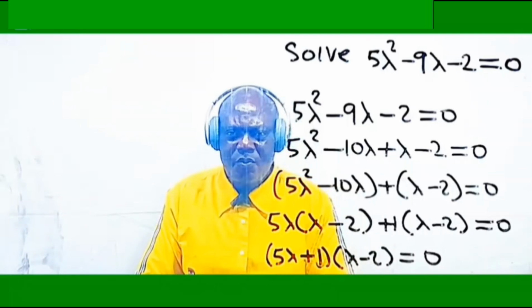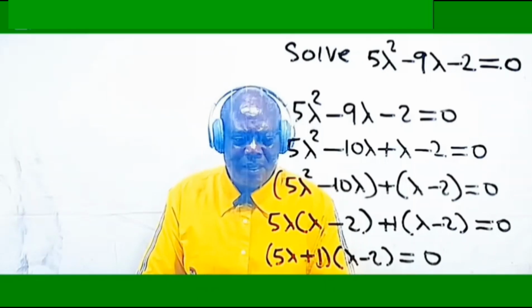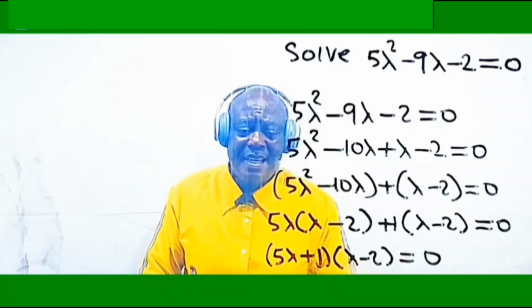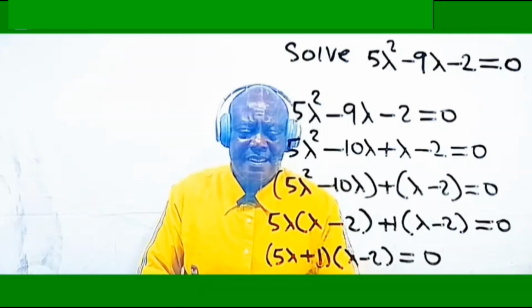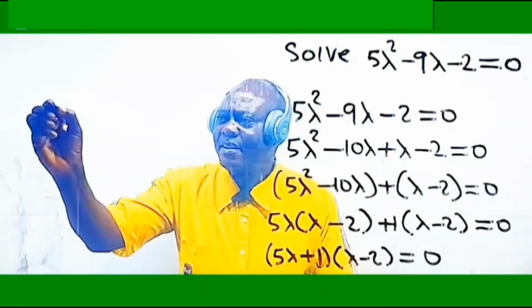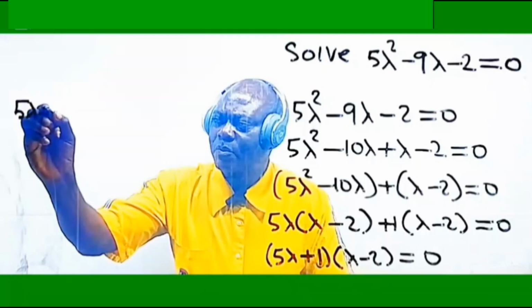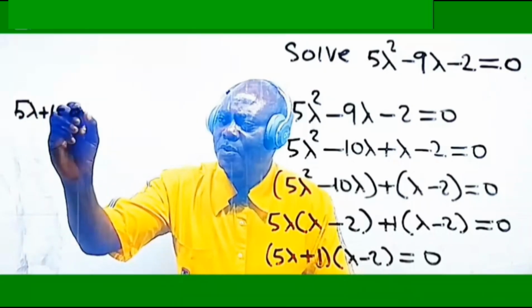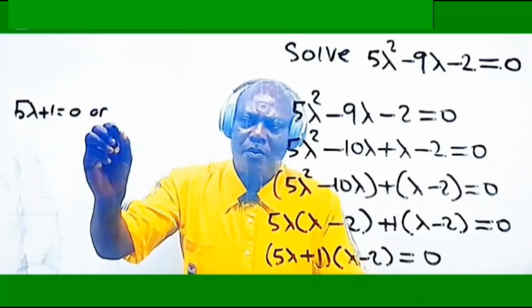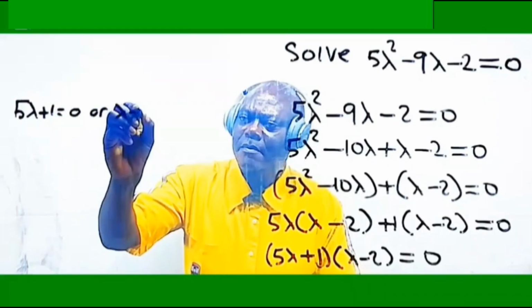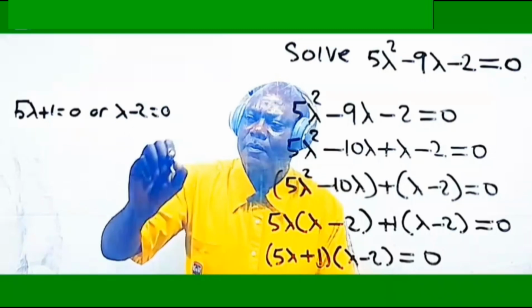Since (5λ + 1) multiplied by (λ − 2) equals 0, either 5λ + 1 = 0 or λ − 2 = 0.